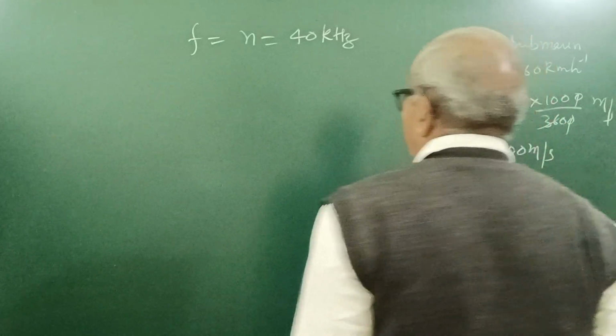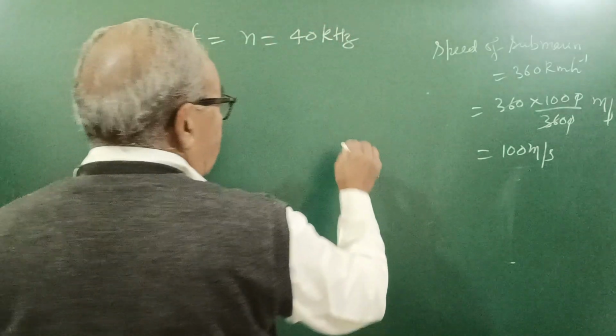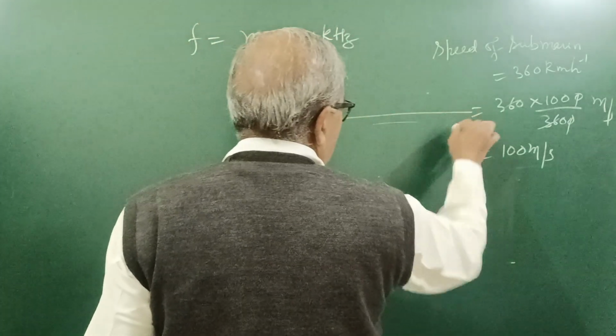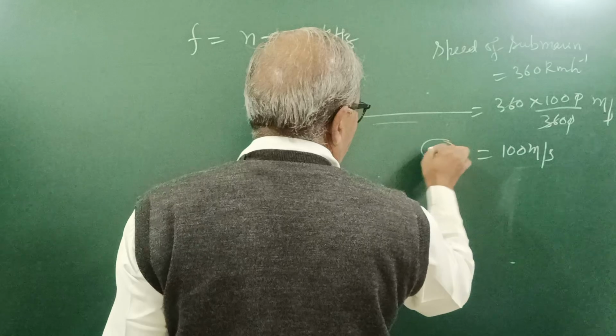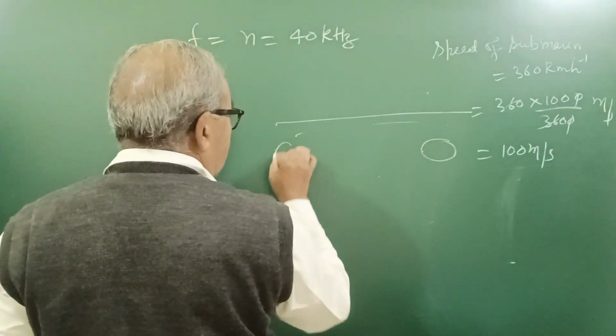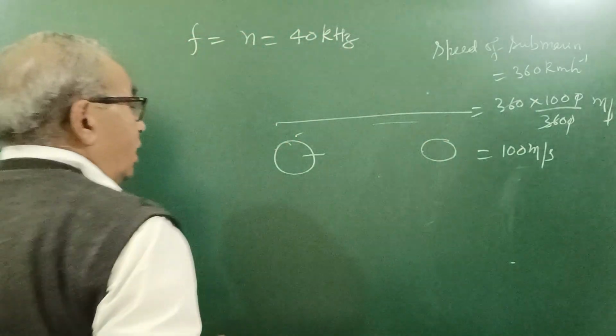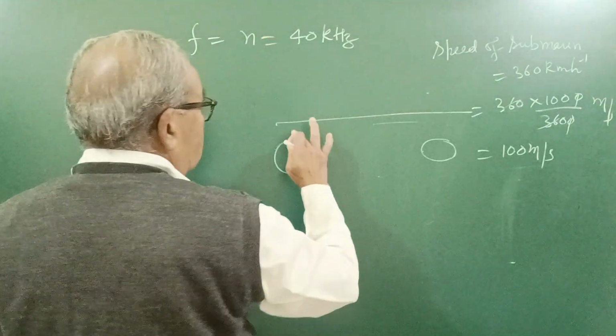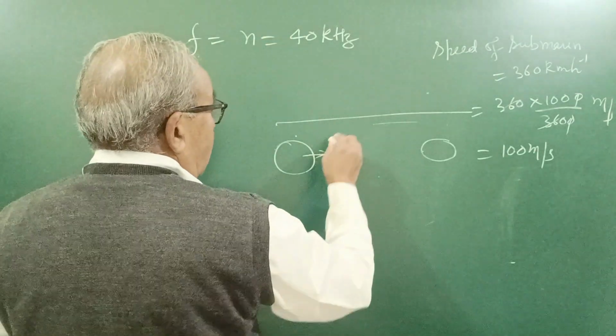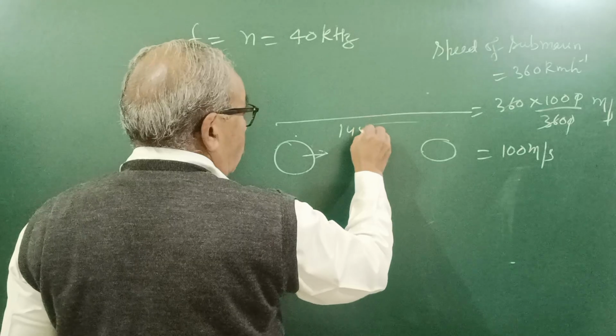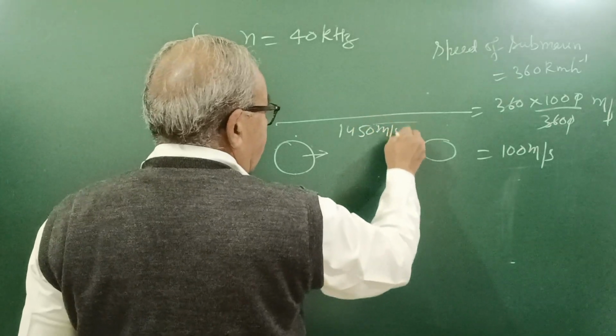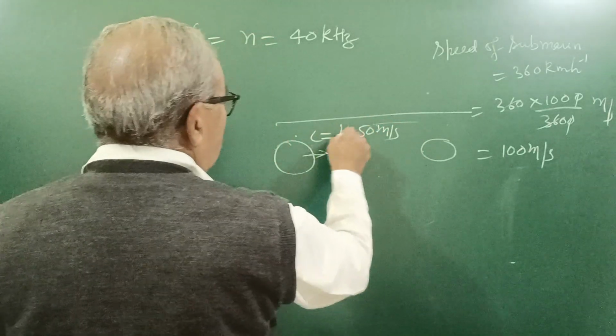This is the speed of the submarine. Submarine travels in water. Here this is a submarine of the enemy. It is a submarine which is standing at rest filled with sonar. And speed of sound in water is 1450 meter per second.